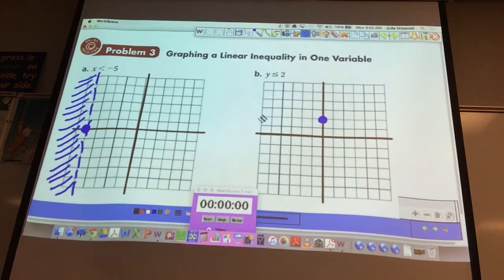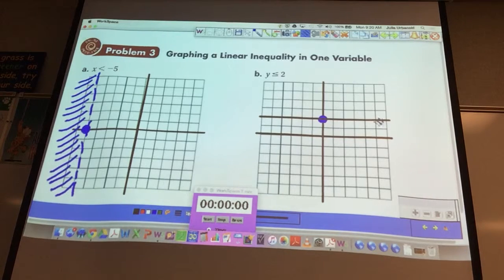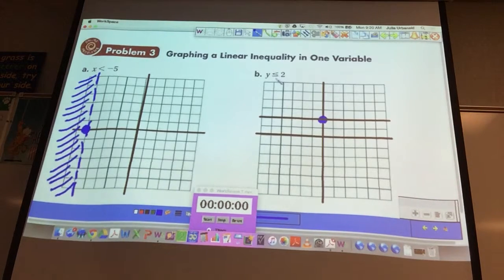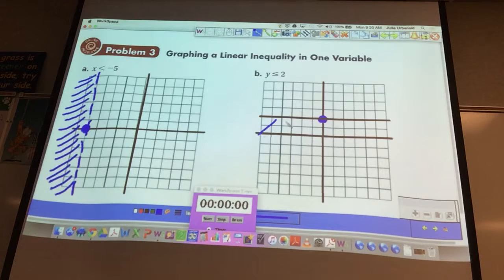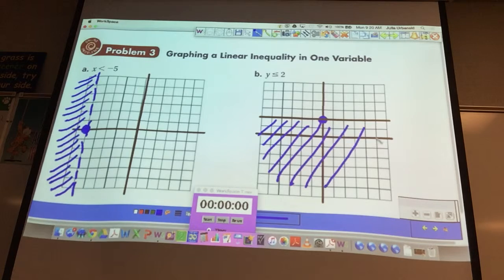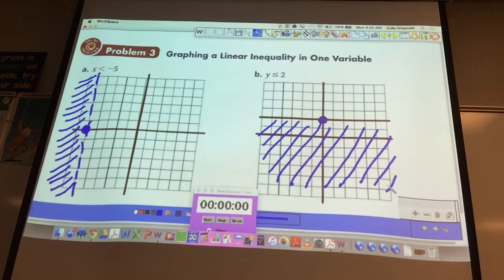Good. Because it has the or equal to part. Now it says Y is less than or equal to 2. Do I shade above that or below that? Below, smaller. Yep, that's right. Those are the easier ones when there's only one letter. You just gotta make sure you go the right direction.